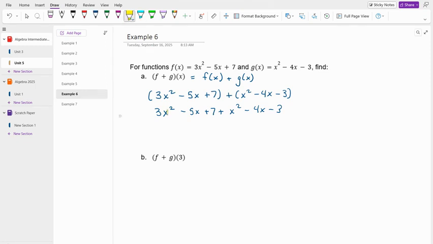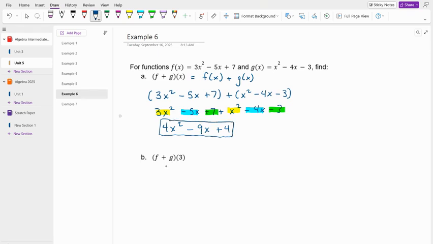Then we'll go through term by term. We've got the x squared terms, and 3x squared plus x squared is 4x squared. Then we have the x terms: negative 5x minus 4x, which is negative 9x. And then, of course, we have our constant terms, positive 7 minus 3, which is positive 4. So that's going to be our new function.